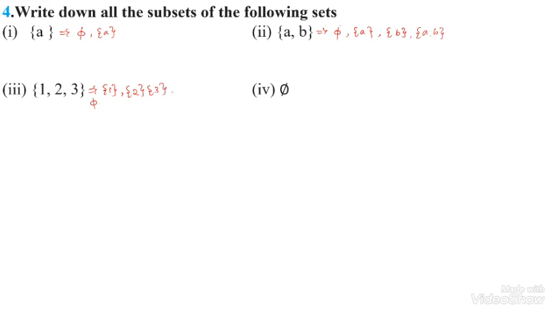Okay, after that I will consider two elements: {1, 2}, the set containing 2, 3, and the set containing 3, 1. After that I will consider the whole set {1, 2, 3}. Okay, in total there are 8 subsets for the set containing the elements 1, 2, 3.